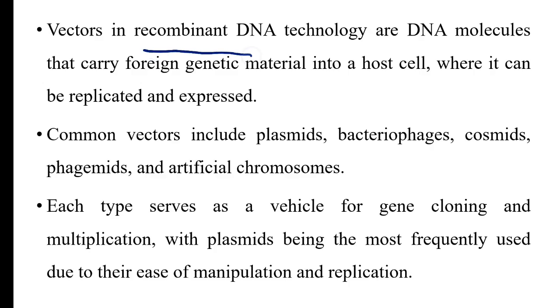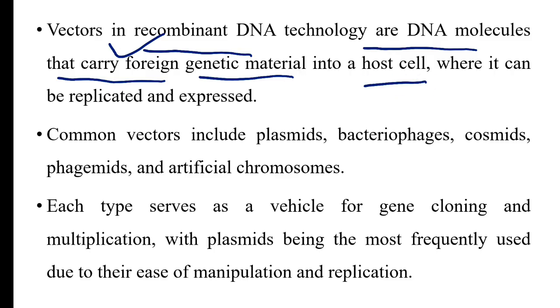Vectors in recombinant DNA technology are DNA molecules that carry foreign genetic material into the host cell, where it can be replicated and expressed. Common vectors include plasmid, bacteriophage, cosmid, phasmid, and artificial chromosomes.